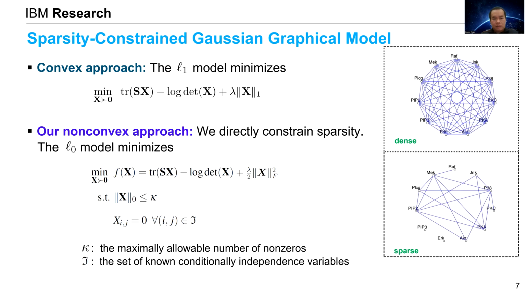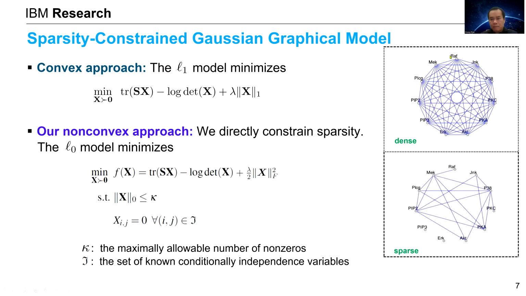In the literature, it is very common to use a convex approach. Here, we saw a convex optimization problem. The first one is the likelihood, and the second term is the regularization that imposes the sparsity condition on the graphical model.